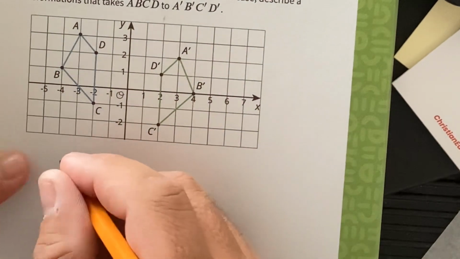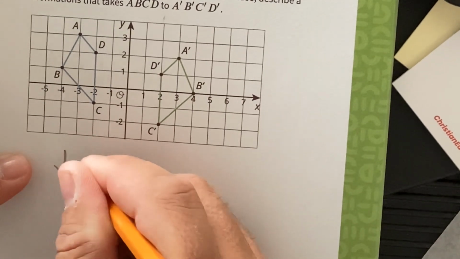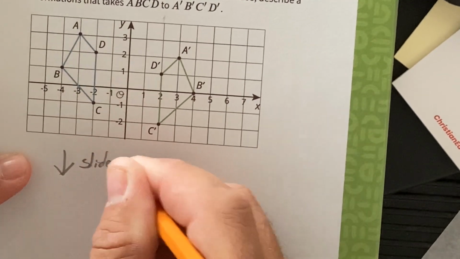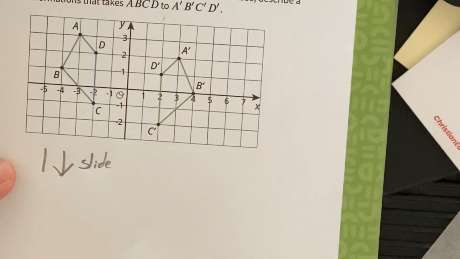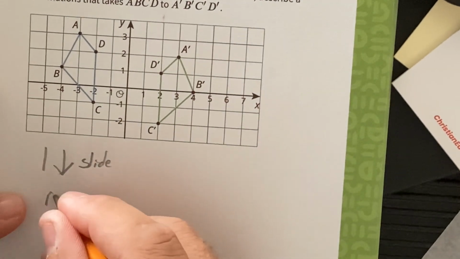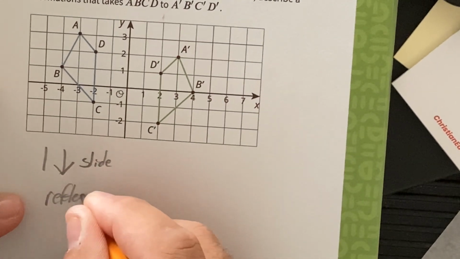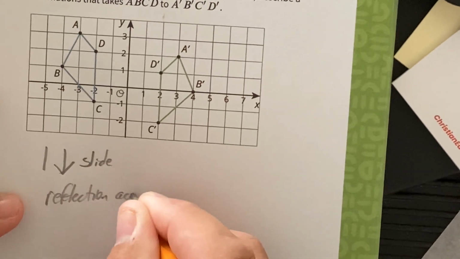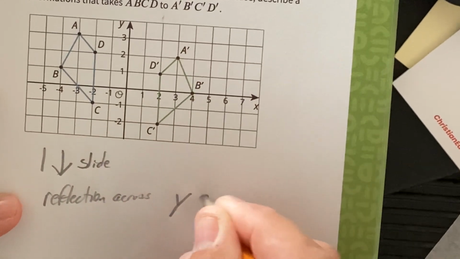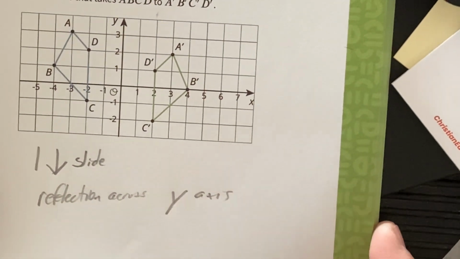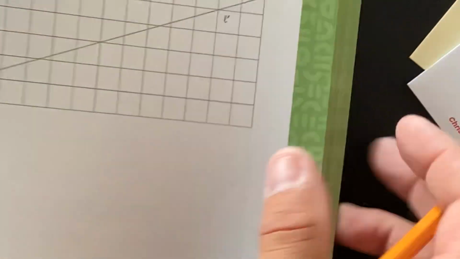Yeah, so I would say slide down one. One unit down, slide, and then a reflection across what? Yes. Flips over the Y. So slide one down, flips over the Y.